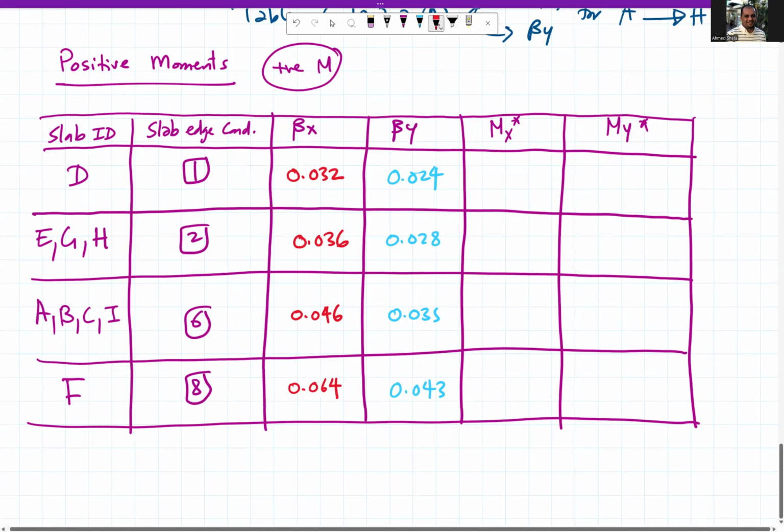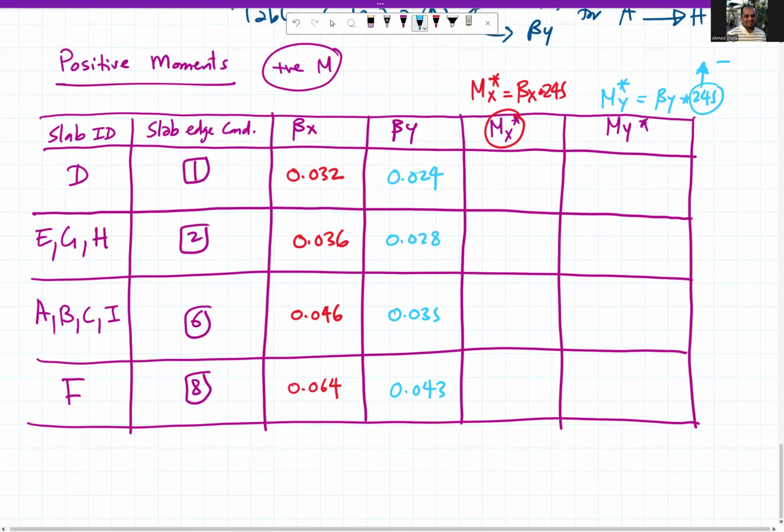So here, m asterisk x equal to beta x times 245, and here we have m asterisk y equal to beta y times 245, where 245 is fd times lx squared.